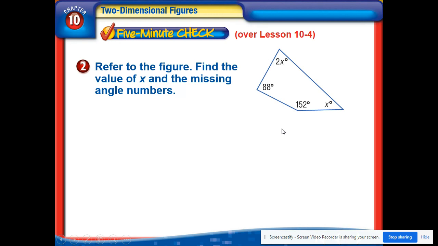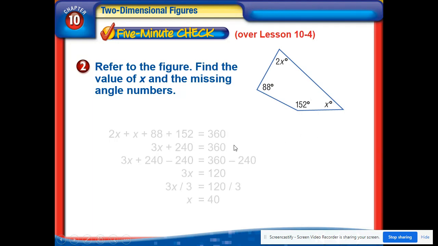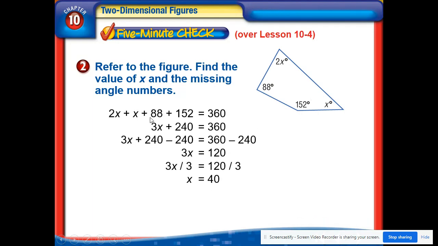Let's do one more here. We've got a 2x and an x now, and a couple other values, so we're going to write them all together. So that's 2x plus 88 plus 152. If you want to put them in one order or another, that's fine, just as long as you have all four of them. Then we have to combine some things. 88 and 152 is 240, and 1x and 2x is 3x.